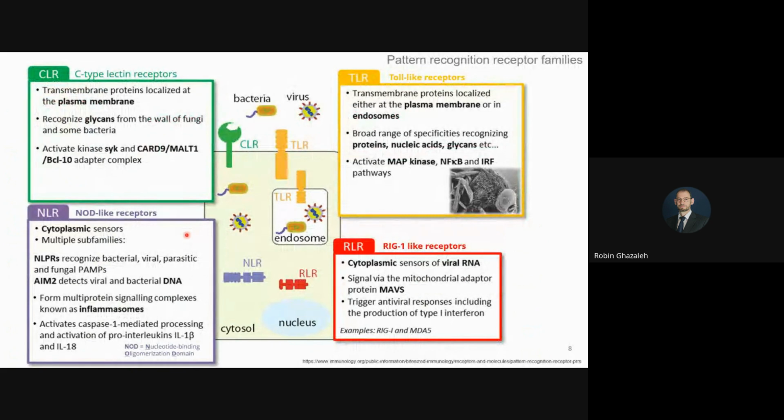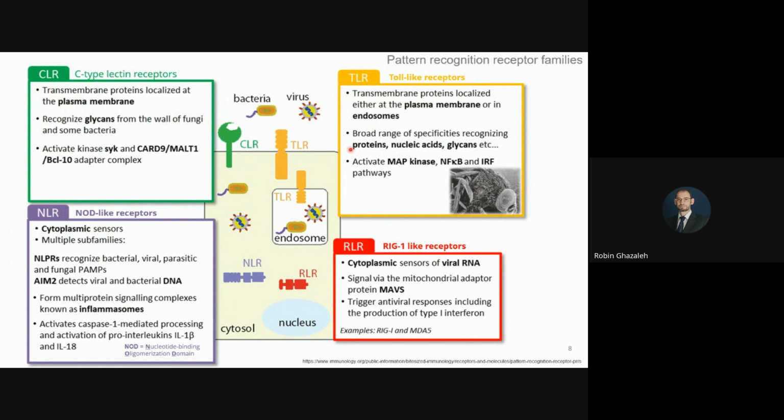The four families. I told you that there are four families of pattern recognition receptors. Here are the four families. We talked about this one a bit, and here is our friend the Drosophila who's lacking toll. And I mentioned this one, I haven't talked about it yet, and there are two others here.